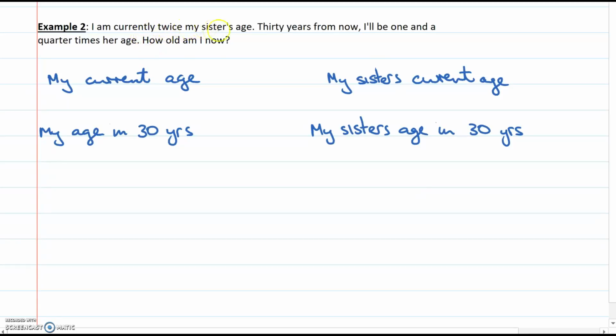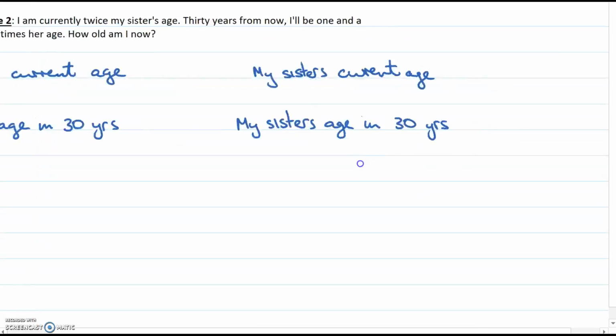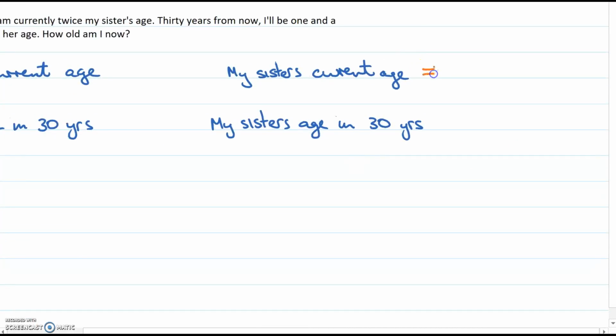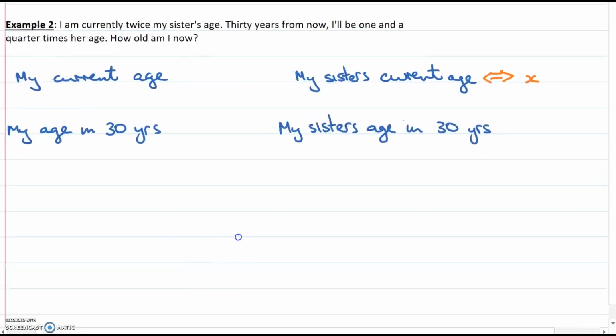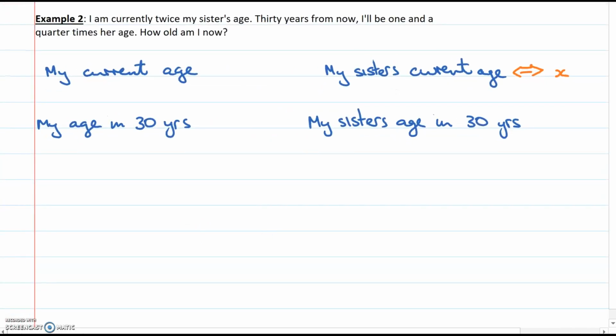I'm currently twice her age. I'm twice as old as she is. So I'm going to say let my sister's current age be x. Now, that's a choice you make, but I always think go with the smallest number in the question. If you can tell what the smallest quantity is going to be, let x represent that.